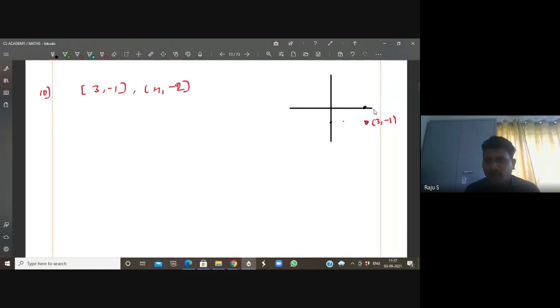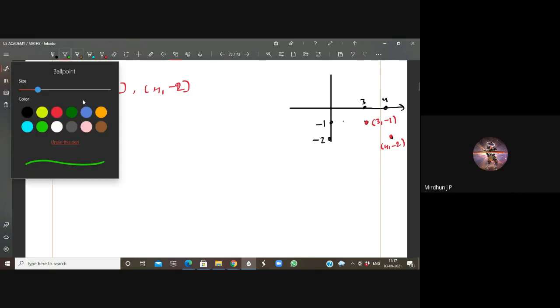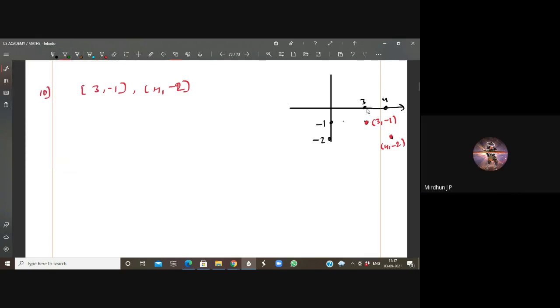When I extend this line, we need to find the slope: y2 minus y1 by x2 minus x1. We can equate it with tan theta, and like that we will get the answer.